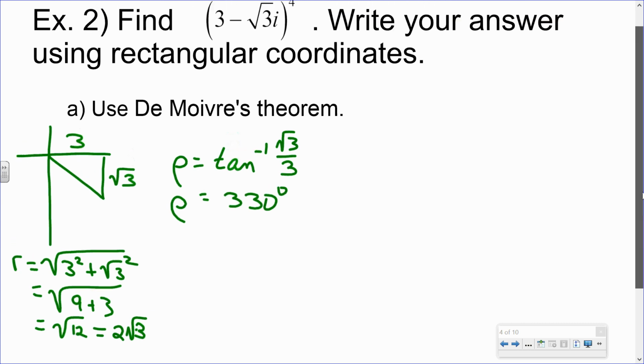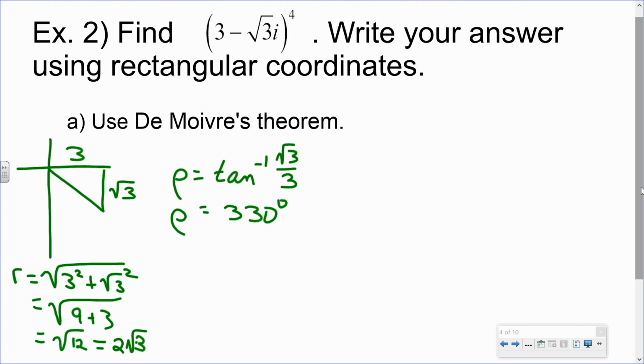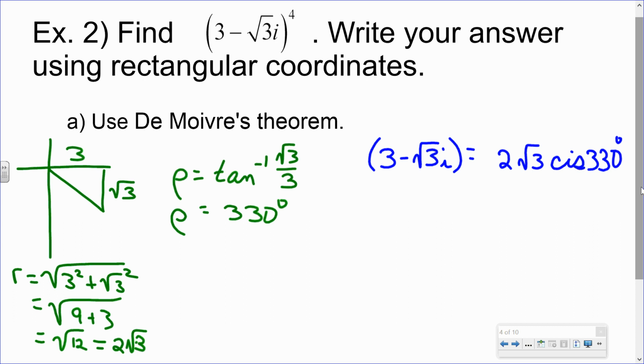So what we have said so far is 3 minus root 3i is 2 root 3 cis 330 degrees. Yes?